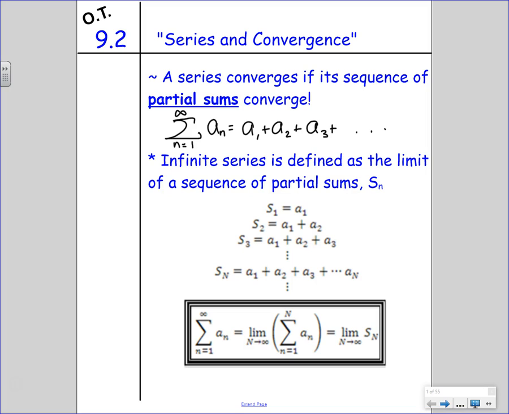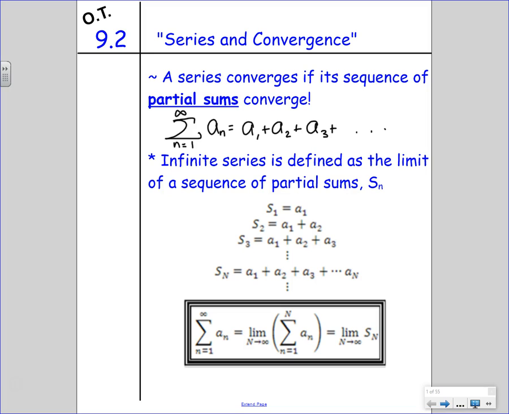Alright, kiddos. What does it take for a sequence to converge? What does it take for a sequence to converge? It approaches something as it increases. What approaches?